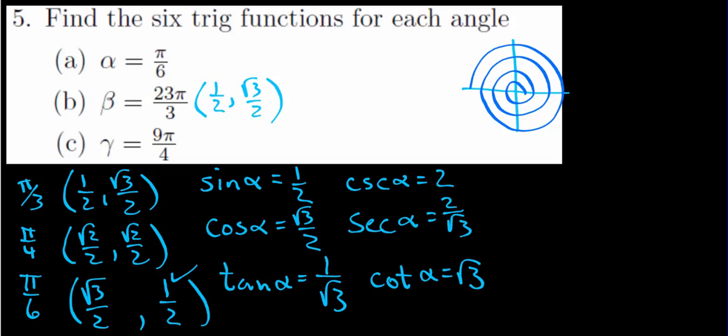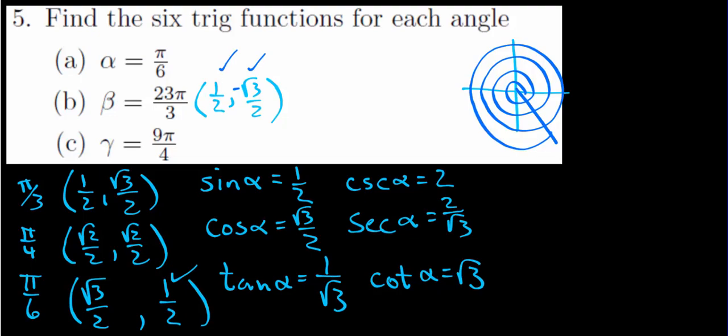There's 7 half turns, and then 2/3 of the way around again. So 2/3 of the way around is going to put you in quadrant 4. And that means in quadrant 4, the x is positive and the y is negative. So there you can see the sine, the cosine, and then you go from there.